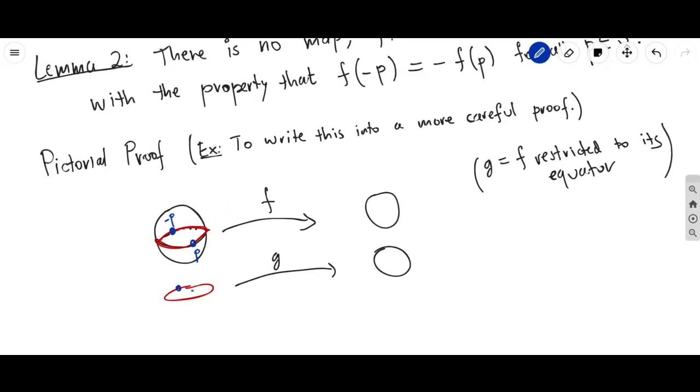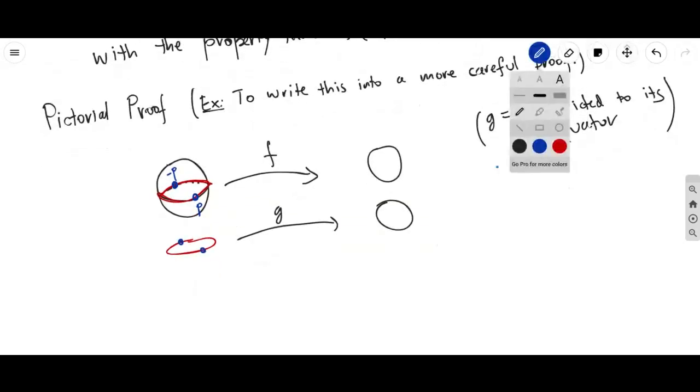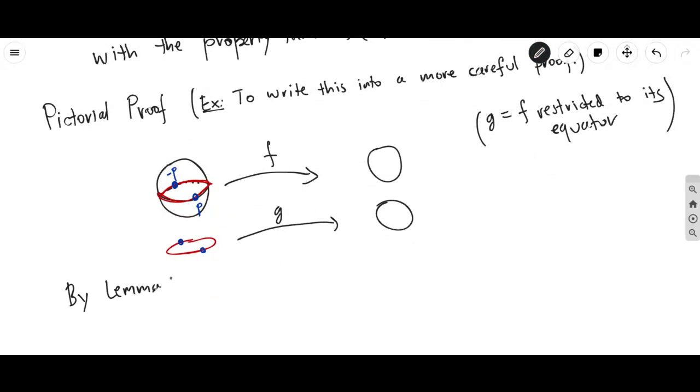So if you take two antipodal points on the circle, g maps the antipodal points to negatives of each other. So by lemma 1, the degree of g is odd.